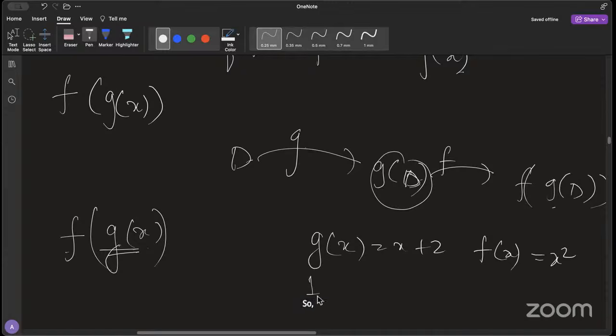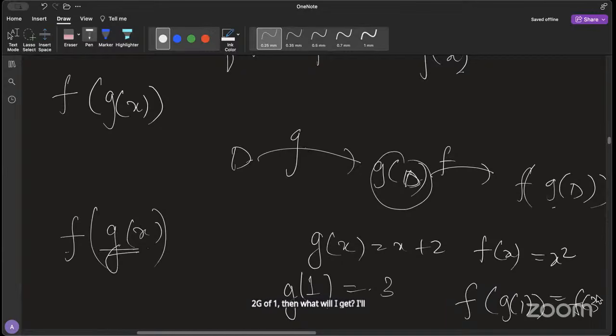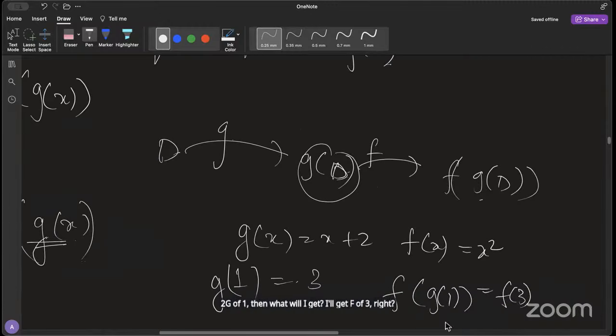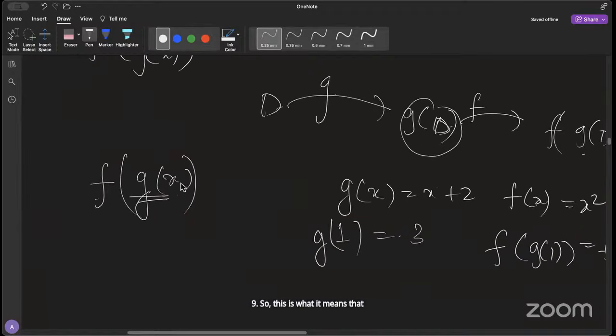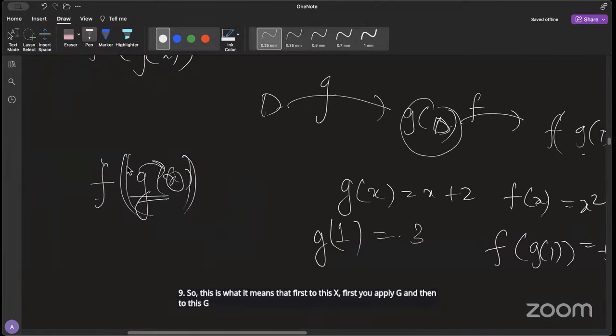If I apply g first, what will I get? 3. And then if I apply f to g(1), I get f(3), because g(1) is 3 and f(3) is 9. So this is what it means: first you apply g to x, and then to this g(x), you apply f.